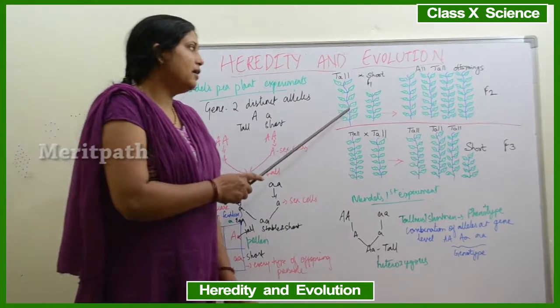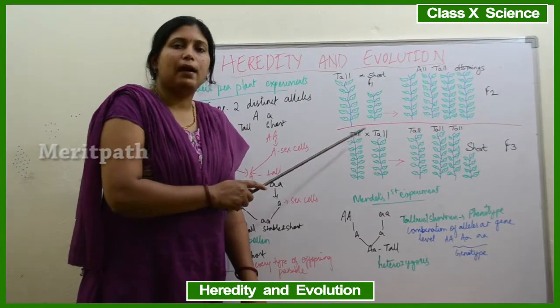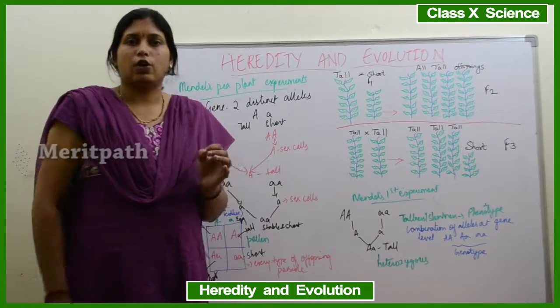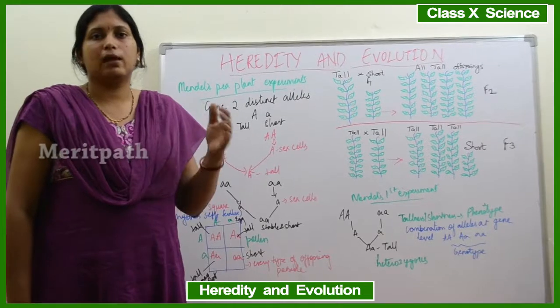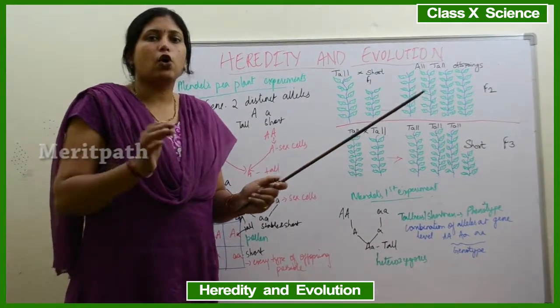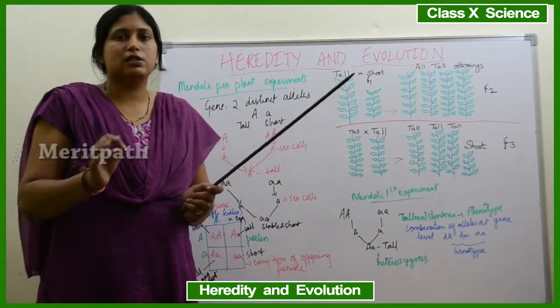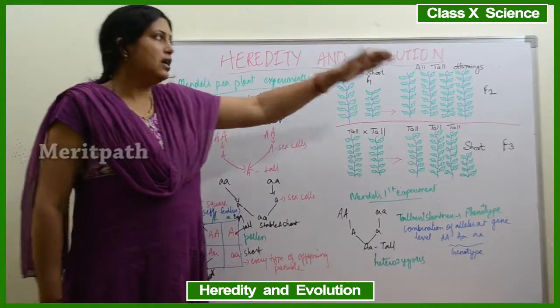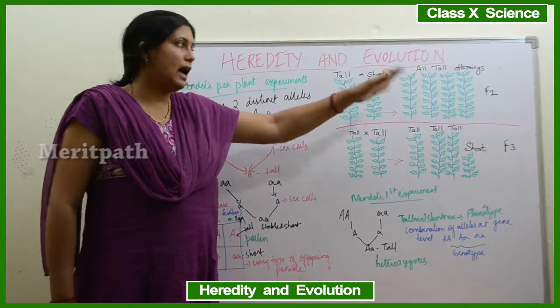In the parent generation, one tall plant and one short pea plant were crossed, and the generation which came next, in which all the offspring produced were tall, was named the F2 generation. These tall offspring are the hybrid variety.